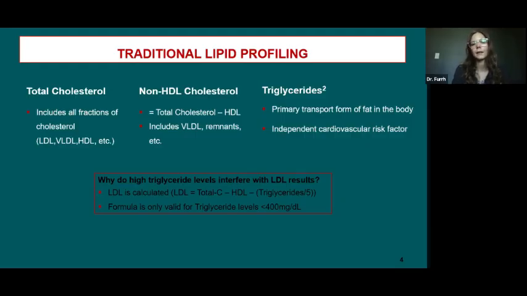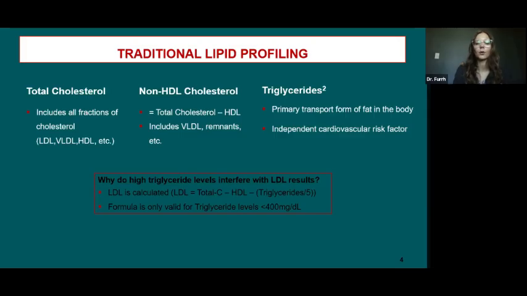So LDL would be calculated as total cholesterol minus HDL levels minus triglycerides divided by 5. There are many variations of this formula. I just picked a rather simple one just to show how triglyceride levels play a part in this. So you can see if somebody has exceptionally high triglyceride levels, how that would interfere with your LDL value.